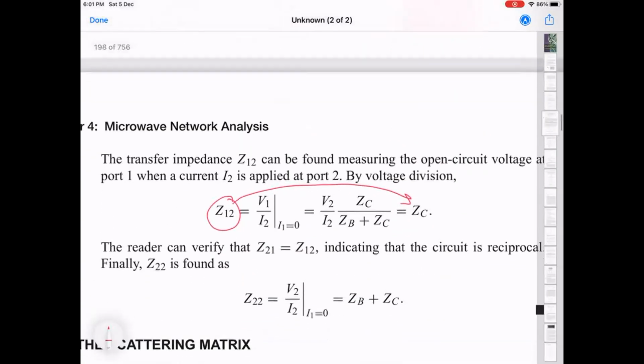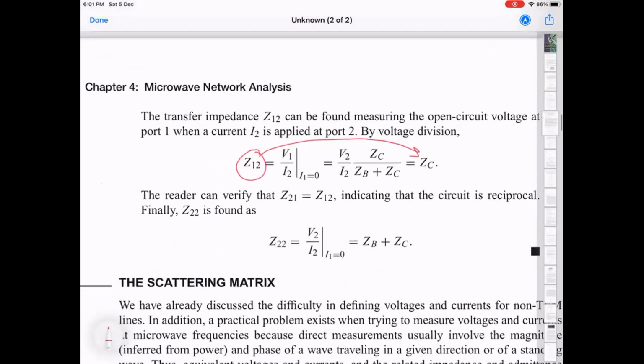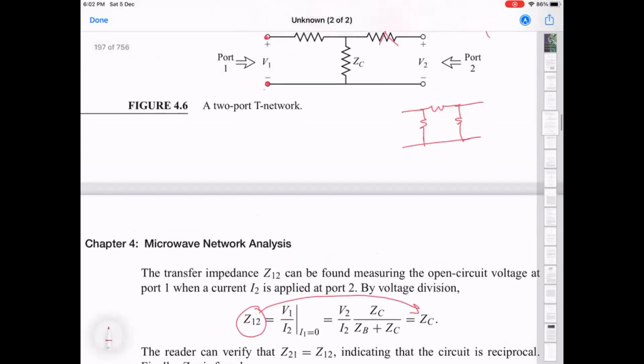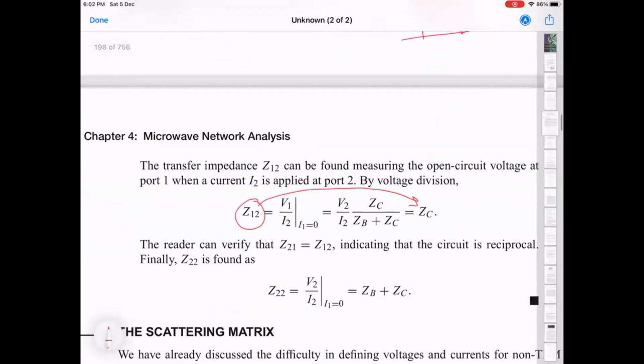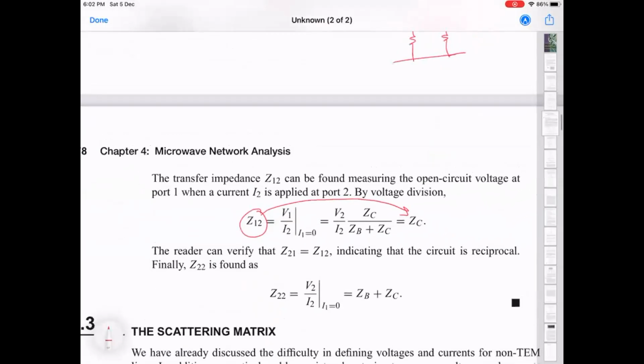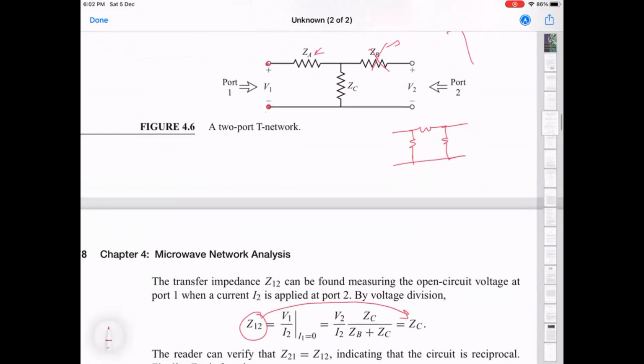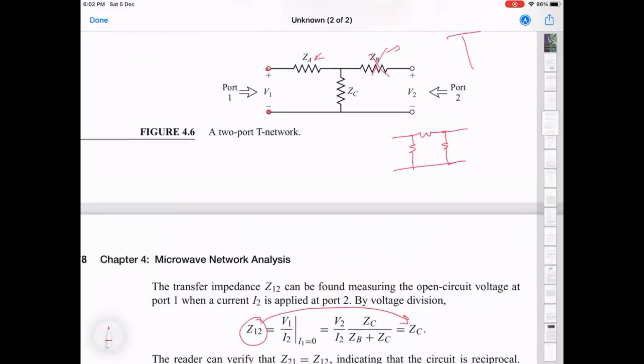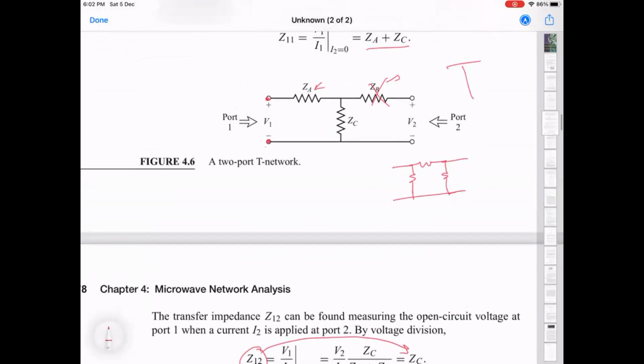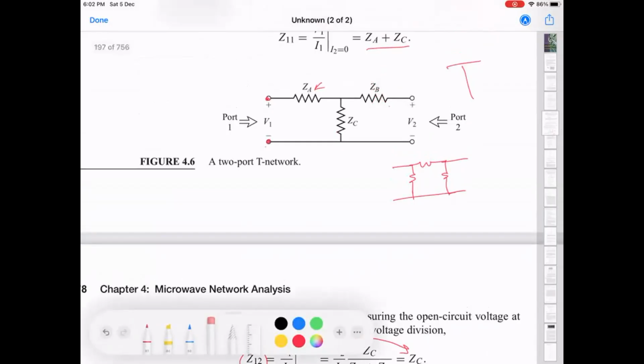Okay. So this now connects the idea of a T network to the different matrix elements, and because it's a reciprocal network, Z12 and Z21 will be the same. Now, one thing to note, at least from the way the circuit looks here: you might be tempted to say that ZA and ZB are in general different.